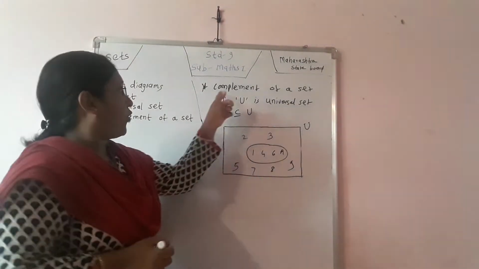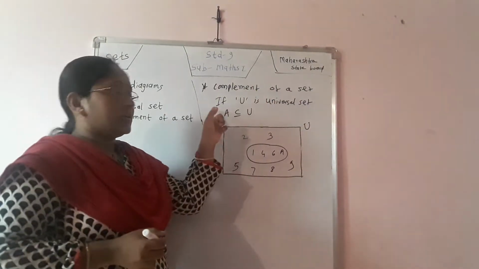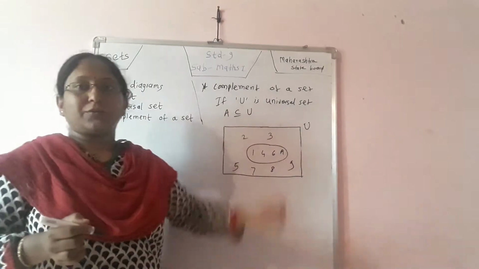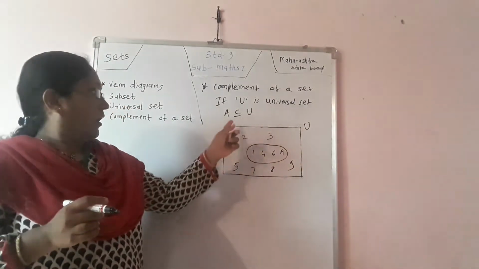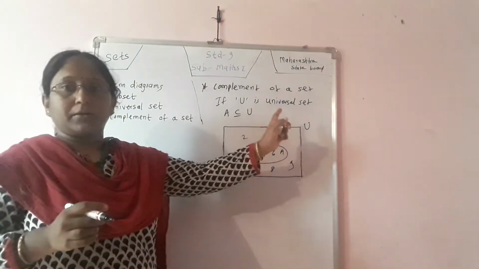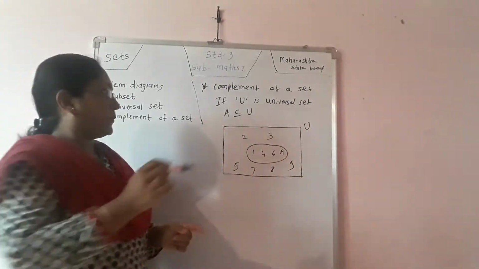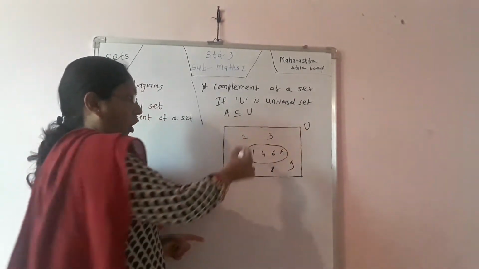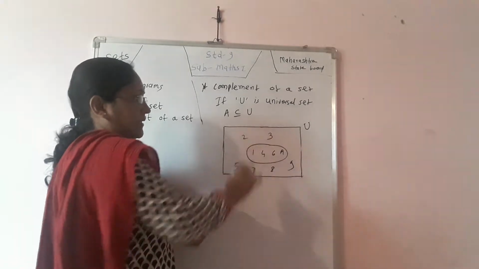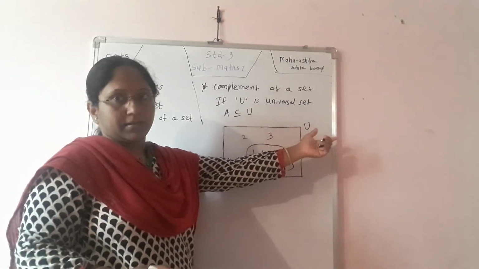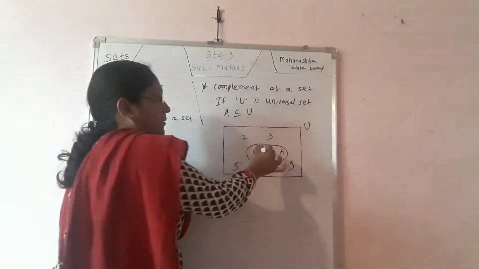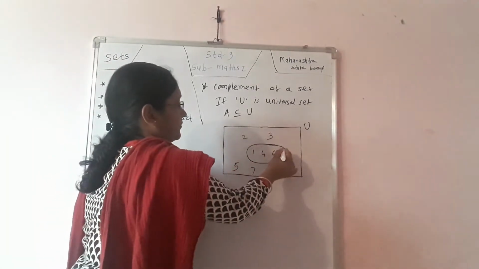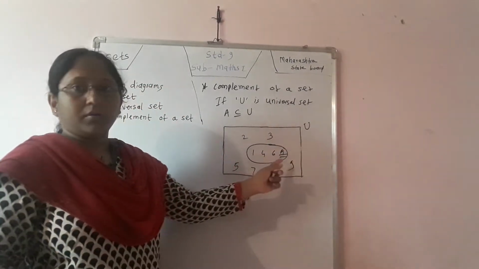Next term is complement of a set. Suppose U is a universal set, and A is a subset of U, subset meaning the elements in A are also elements of set U. Suppose I represent that set as set U, the universal set, and all these elements 1, 2, 3, 4, 5, 6, 7 are elements of the universal set, and here some elements are in set A, that are 1, 4, 6.